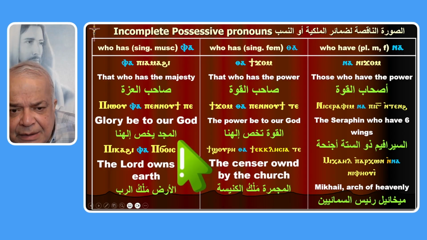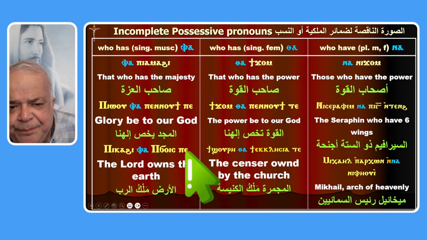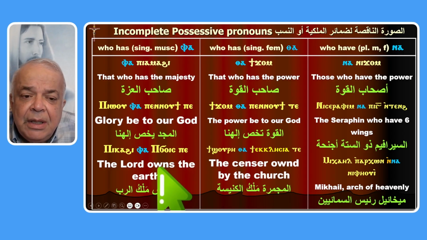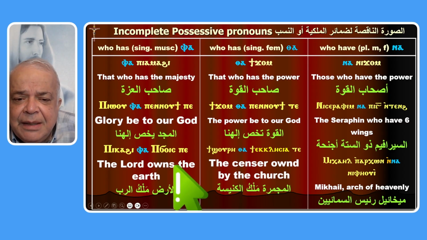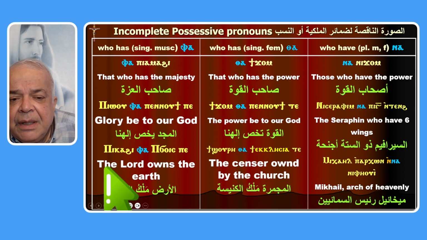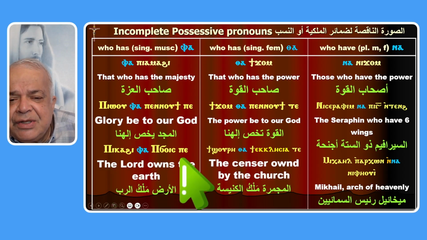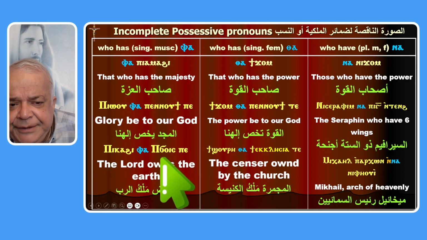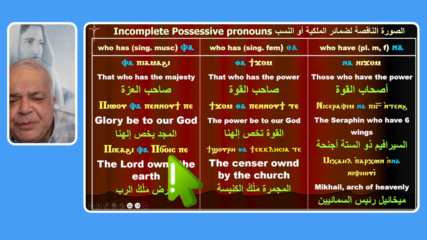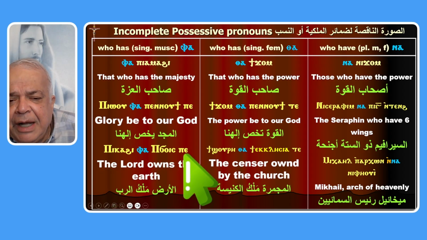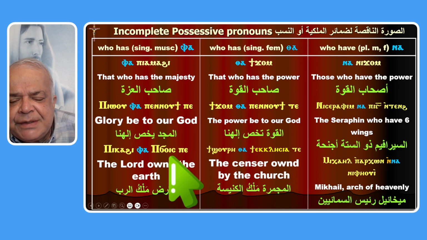Pe is the verb to be. We have to say it in Coptic, which doesn't show in Arabic, but even in English here we don't see it, which means in English is. Okay? So pika fa choice pe, and you notice I'll say ep choice.